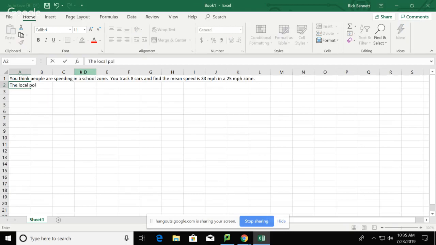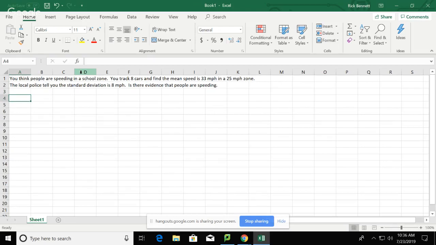The local police tell you the standard deviation is 5 miles per hour. Now let's make it 8 miles per hour. Is there evidence that people are speeding? Okay.